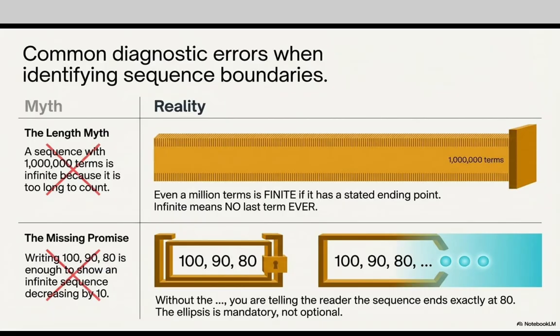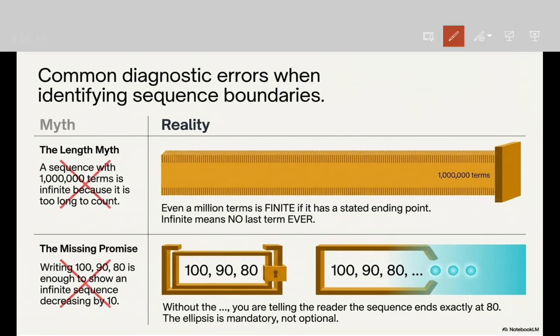So let's talk about some common misconceptions. One is the length myth. If a sequence has, let's say, 1,000,000 terms, it is infinite because it is too long to count.